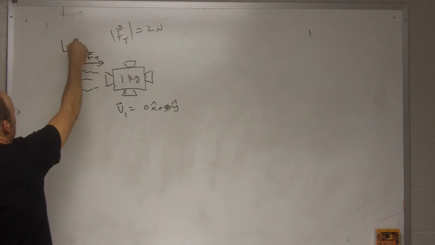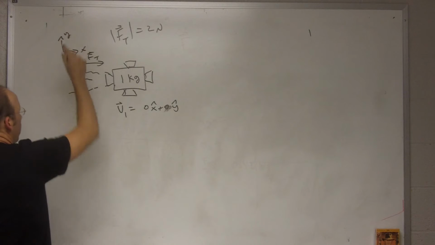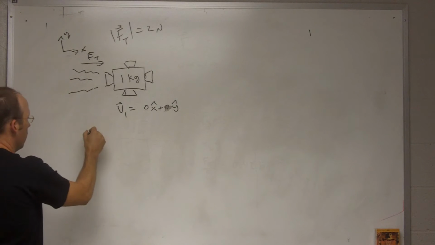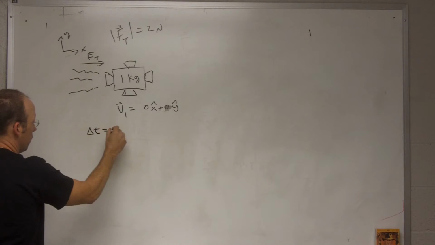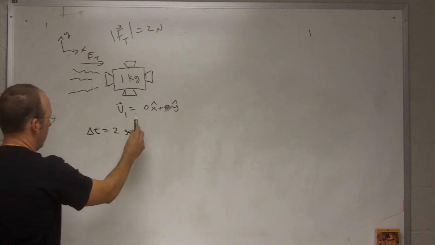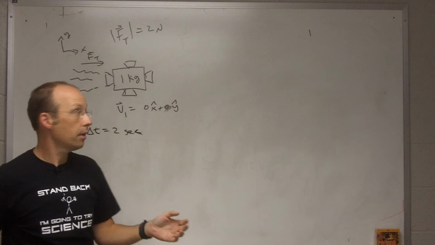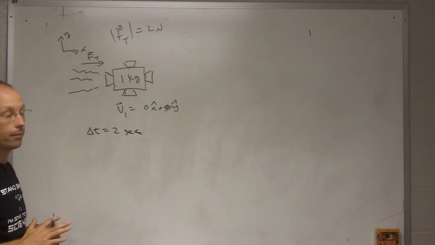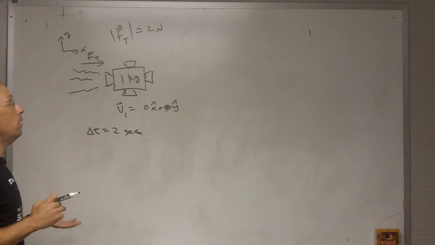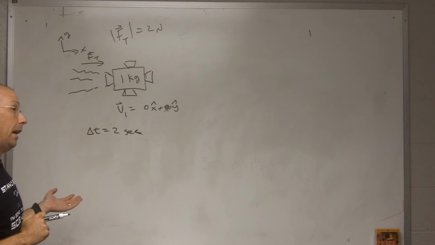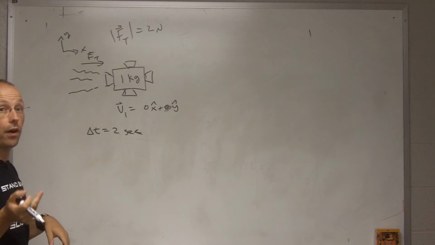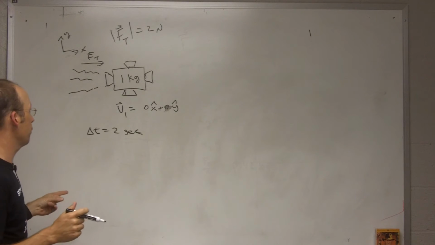Let's call this the x, y direction. And let's say it does this for 2 seconds. I'm just making up stuff. I didn't want to use all 1s, so I picked a 2. Let's find out how fast it's going after 2 seconds, and then we'll find out where it is.